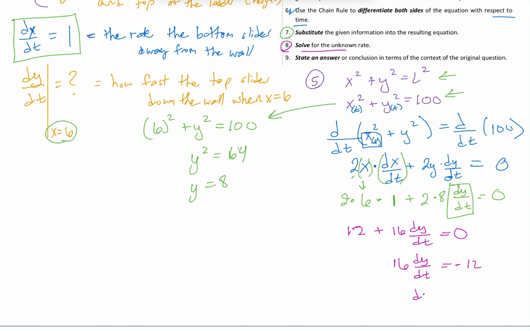And I get dy/dt equals negative 12 over 16, which simplifies to negative 3/4. So that is my dy/dt evaluated at x equals 6, is equal to negative 3/4.